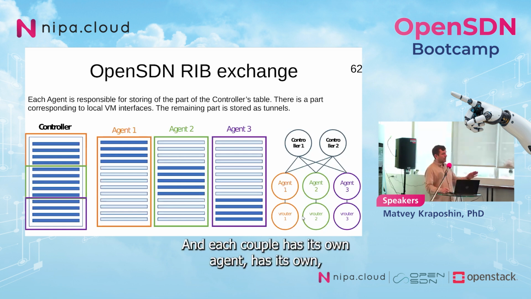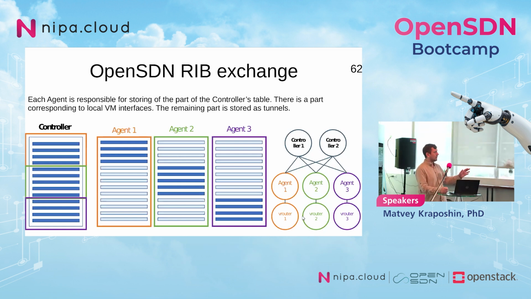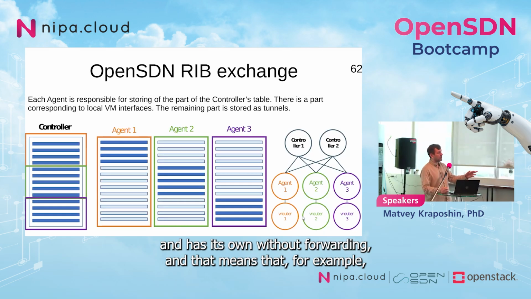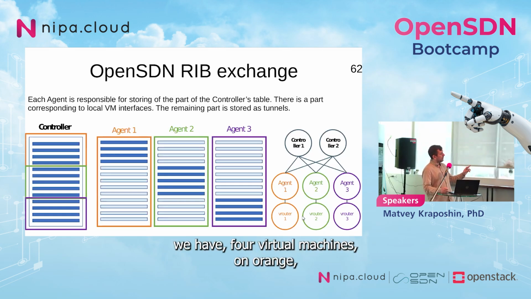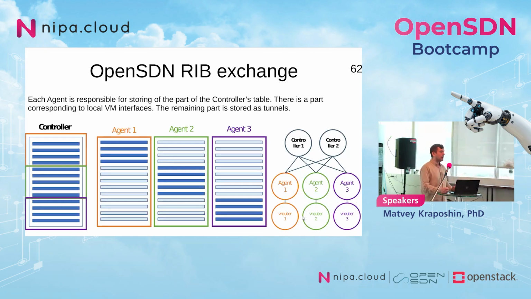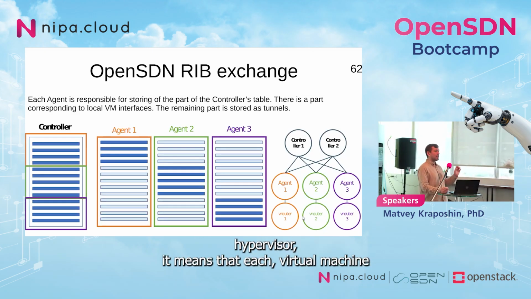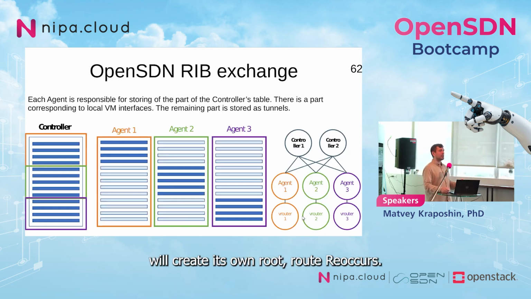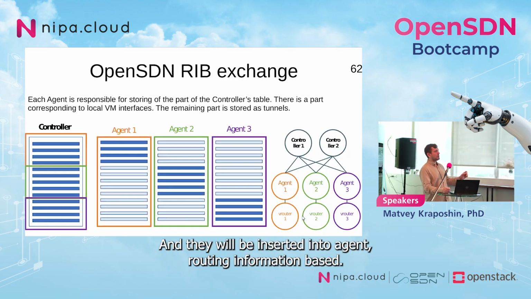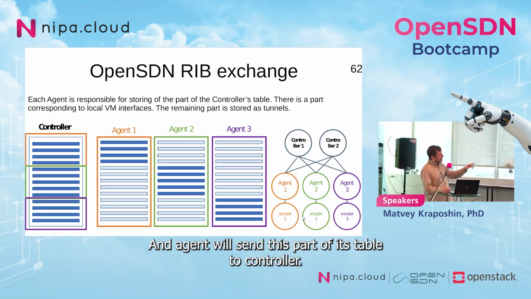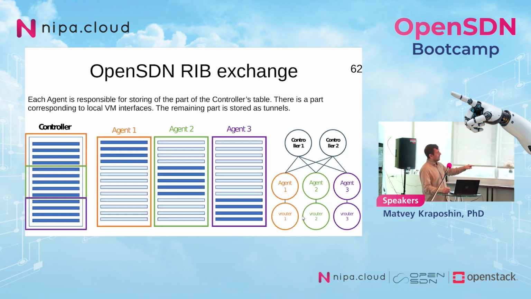And each hypervisor has its own agent and its own vrouter forwarder. And it means that, for example, we have 4 virtual machines on the orange hypervisor. It means that each virtual machine will create its own route records, and they will be inserted into the agent routing information base. And the agent will send this part of its table to controller.